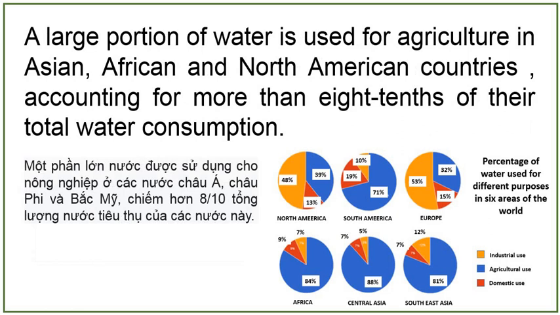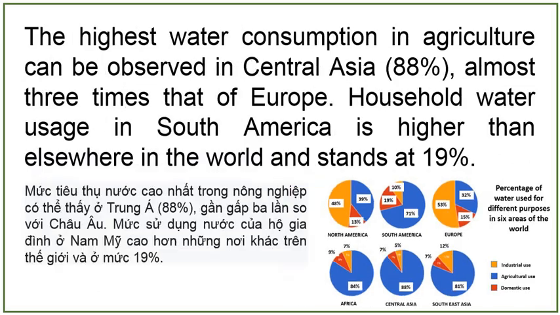A large portion of water is used for agriculture in Asian, African, and North American countries, accounting for more than 8/10 of their total water consumption. The highest water consumption in agriculture can be observed in Central Asia's 88%, almost 3 times that of Europe.